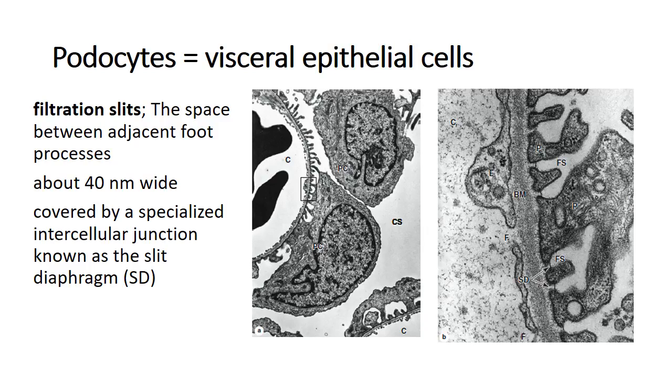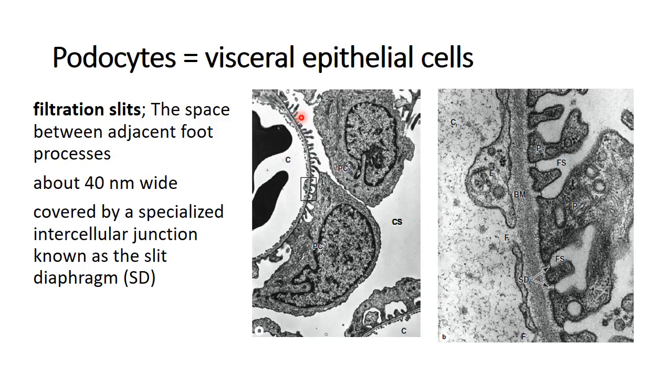So this is an electron microscope image showing the podocyte cells. This is a podocyte, this is a podocyte, and here we have the glomerular capillary, and we can see how the foot processes of the podocytes are surrounding and enveloping the glomerular capillaries.